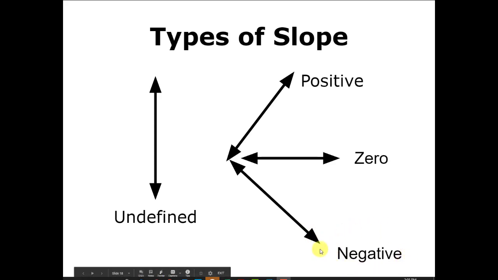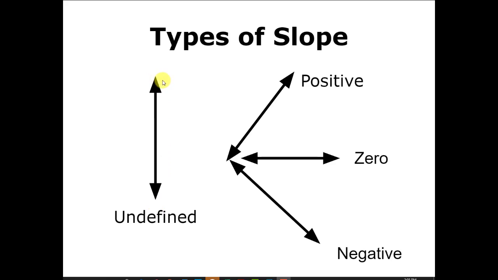Just like on a number line, the slope that would be exactly in the middle of a positive slope and a negative slope would be a zero slope. So a zero slope is perfectly horizontal. Here, the undefined slope is the last category, and this one is completely up and down, completely vertical.